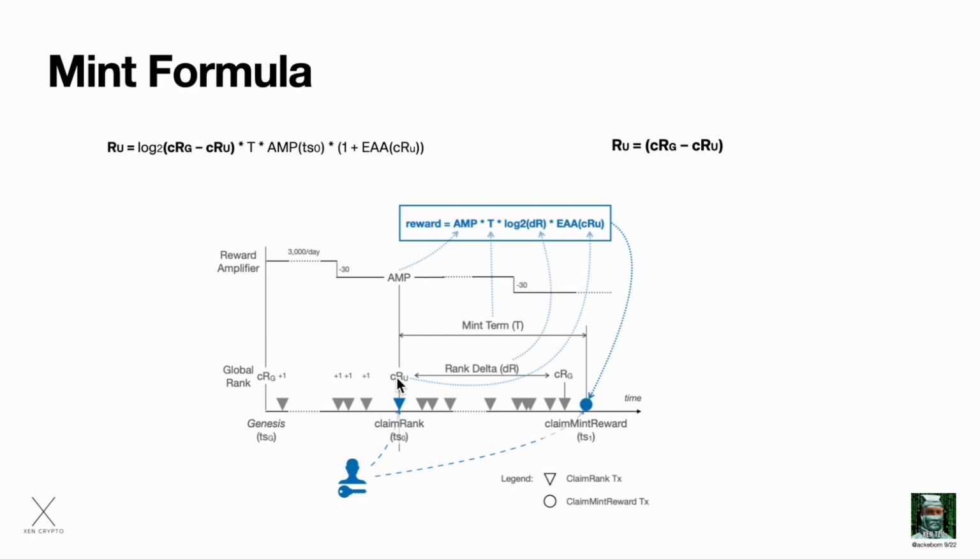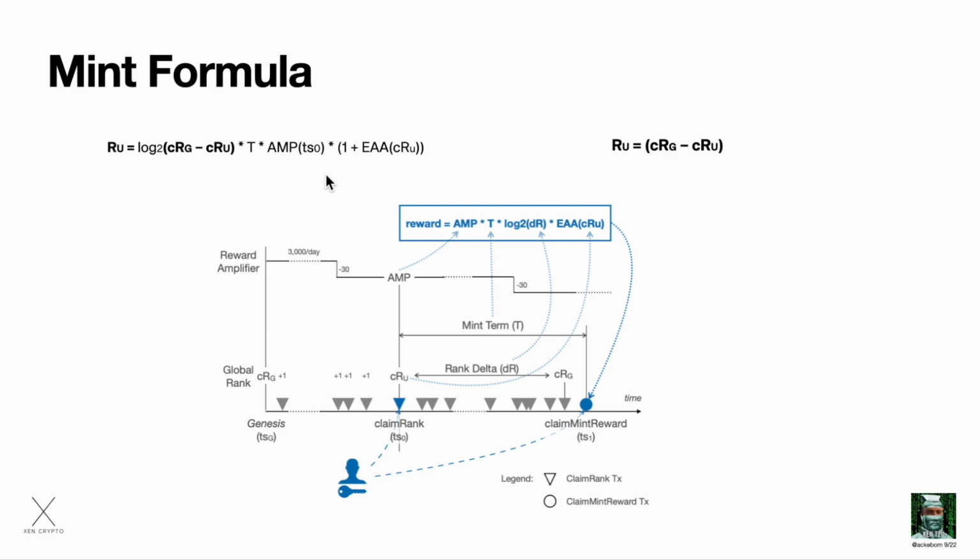Now, this is the mint formula. This is the formula that calculates your mint at T. So when you come back at T and do the actual minting interaction, the protocol then applies this formula, and by then we have all of the values, right? So the EAA only depends on claimed C ranks in total.